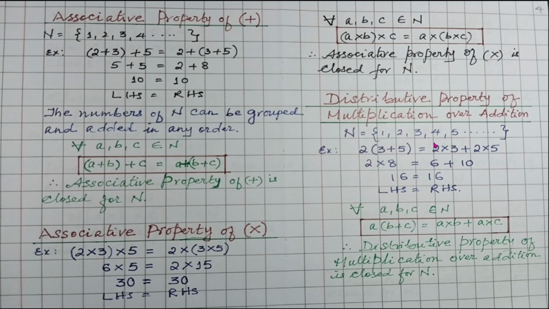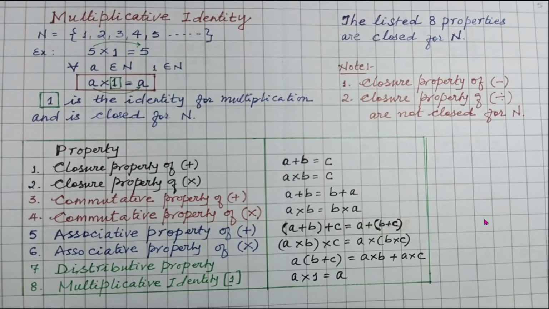That is, the distributive property of multiplication is closed for the set of natural numbers. So, if a, b, c belong to N, a into (b plus c) is equal to a into b plus a into c, that means LHS is equal to RHS, which is true for the set of natural numbers.